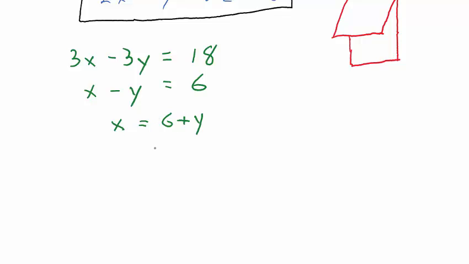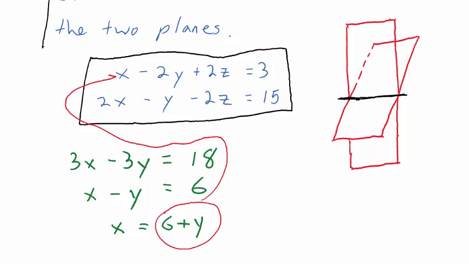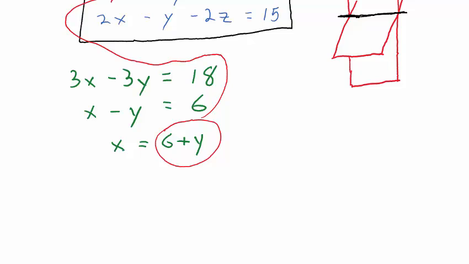Now I need z in terms of y. So let me go back to the top equation and plug this in for x right there. That will allow me to solve for z in terms of y. If I do that, I get 6 plus y minus 2y plus 2z is equal to 3.